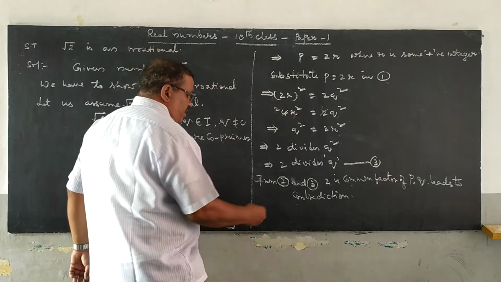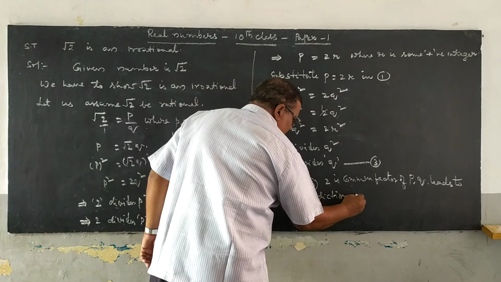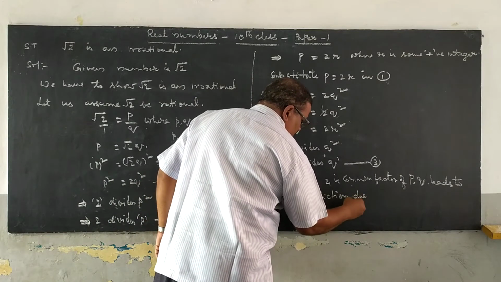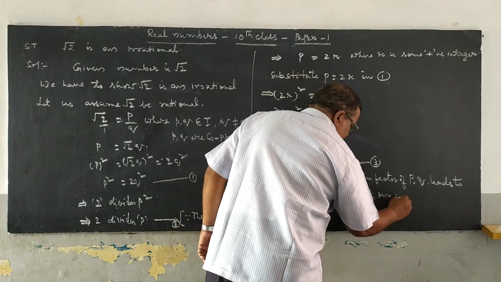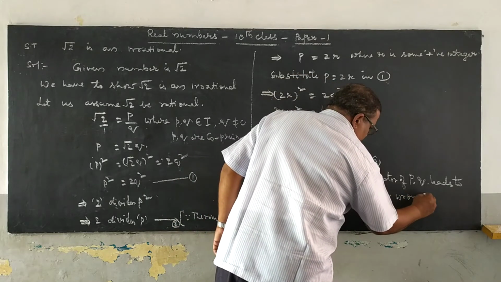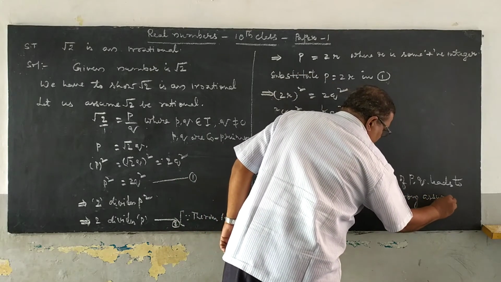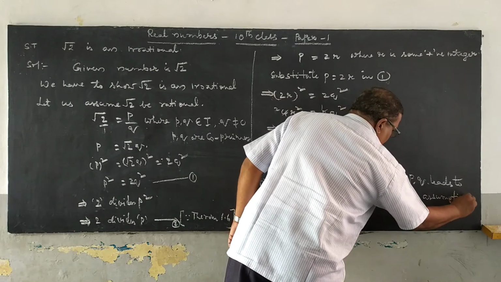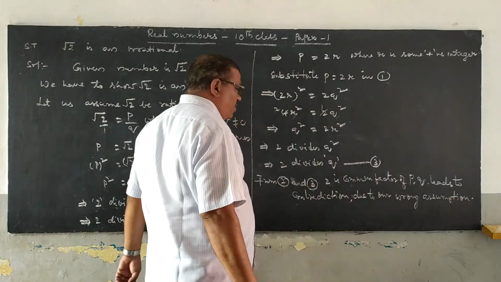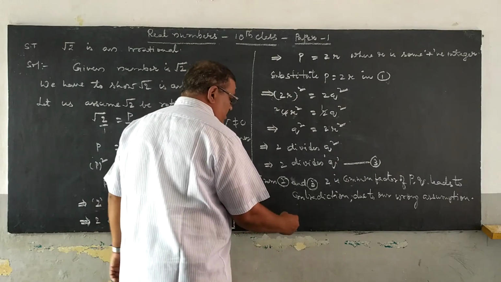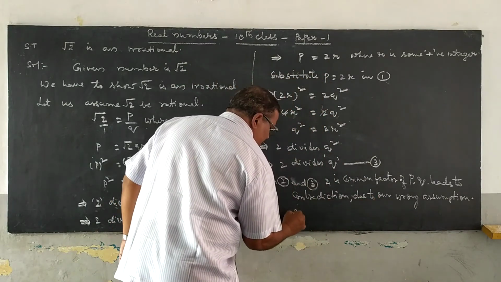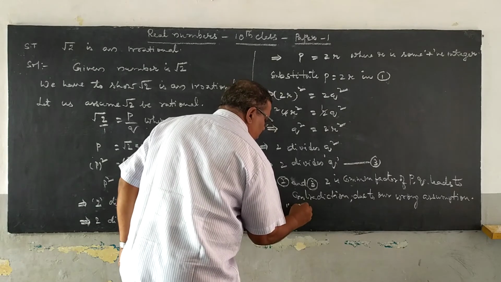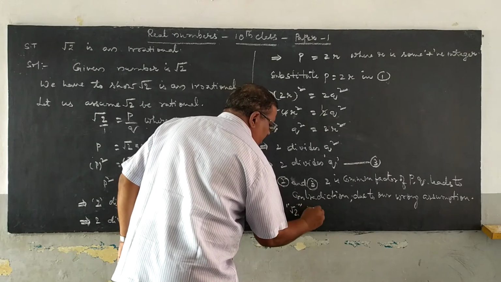Why did the contradiction come? Due to our wrong assumption. What is the wrong assumption? Root 2 is rational.